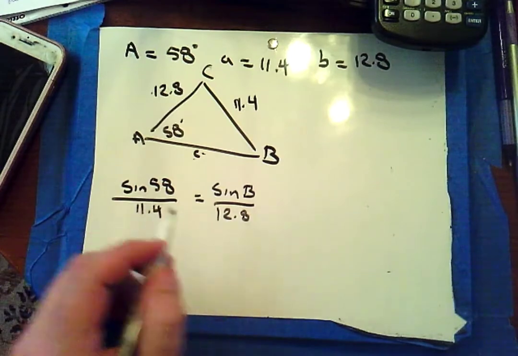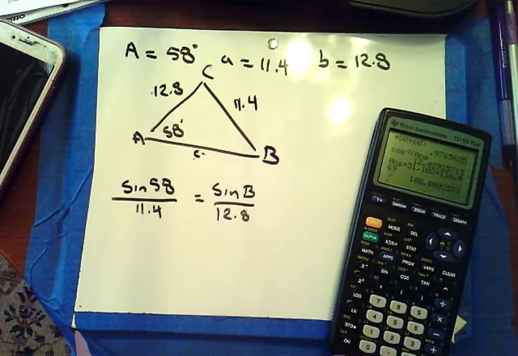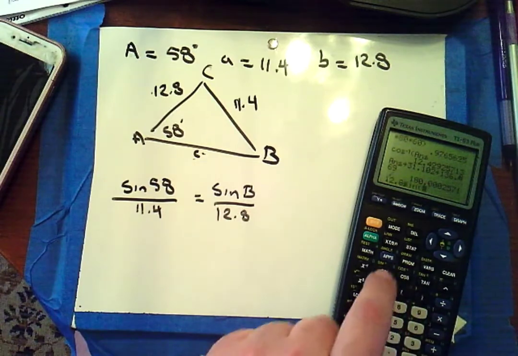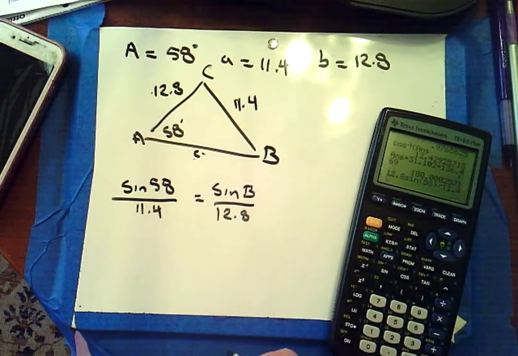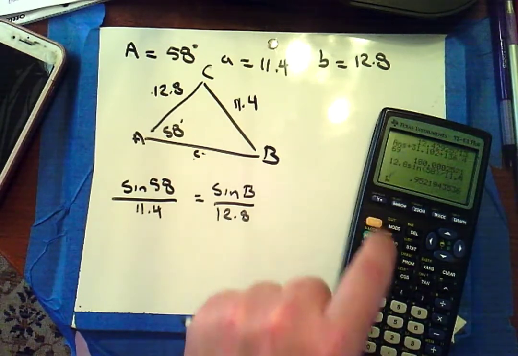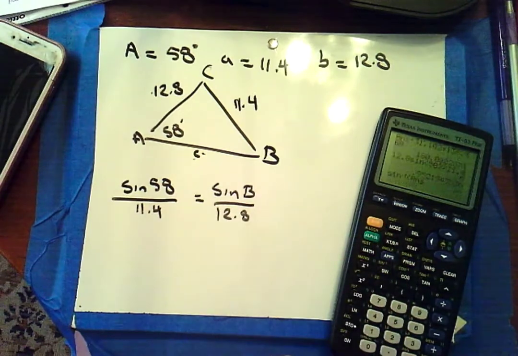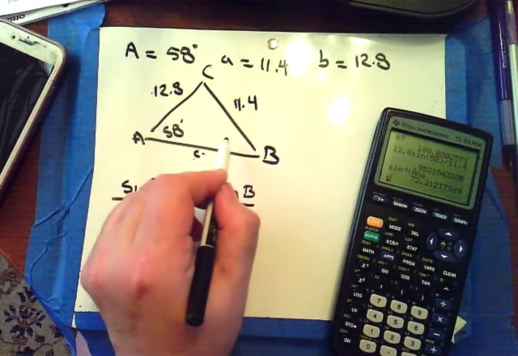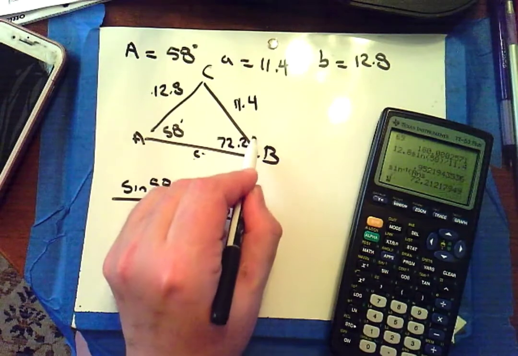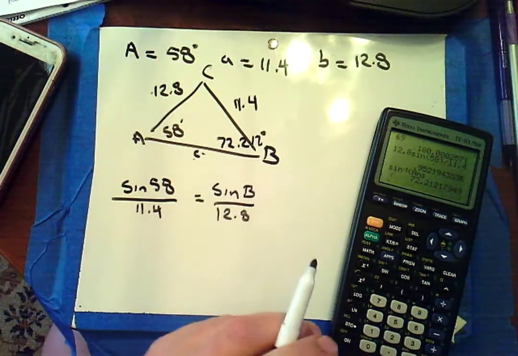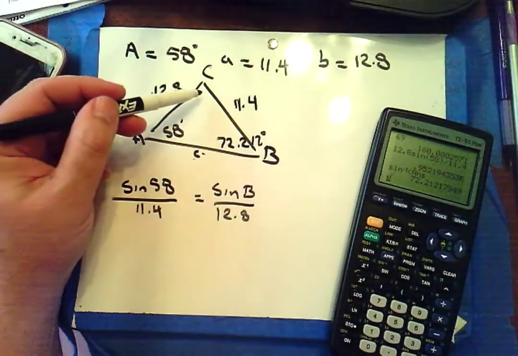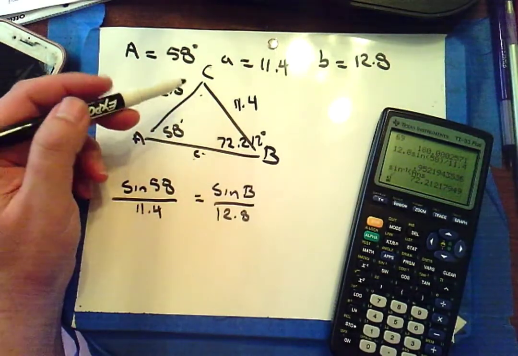Okay, so I'm going to find angle b as 12.8 sine of 58 divided by 11.4. 12.8 sine 58 divided by 11.4, and then do the inverse sine of that, and I get that this is 72.212 degrees.